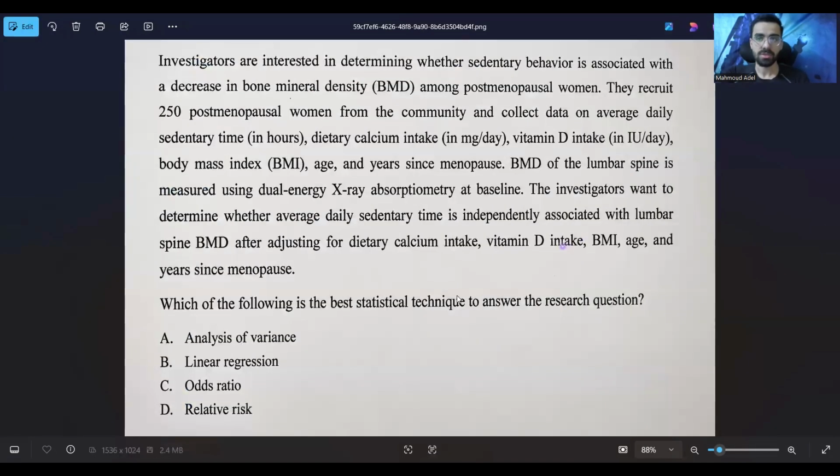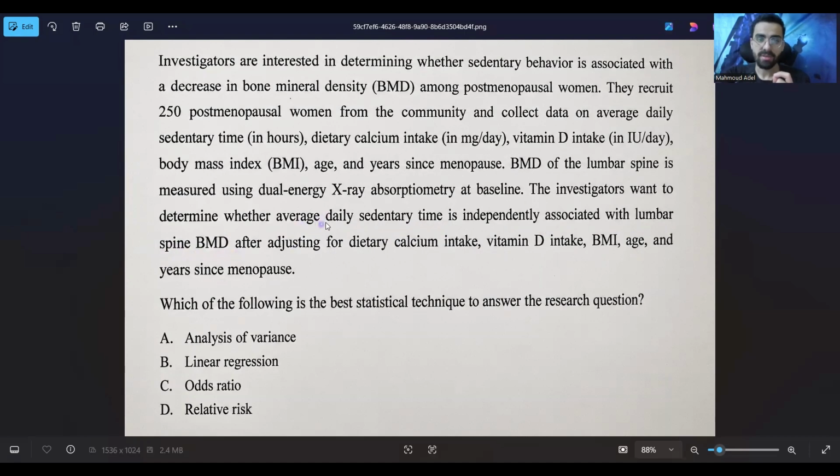And we have the last question right here. The investigator wants to determine whether average daily sedentary time is independently associated with lumbar spine bone mineral density. So average daily sedentary time, the risk or exposure, leads to an outcome, lumbar spine bone mineral density.